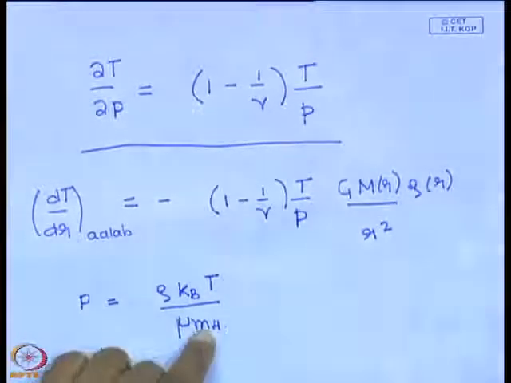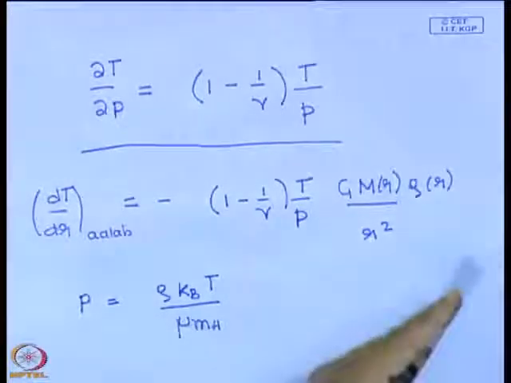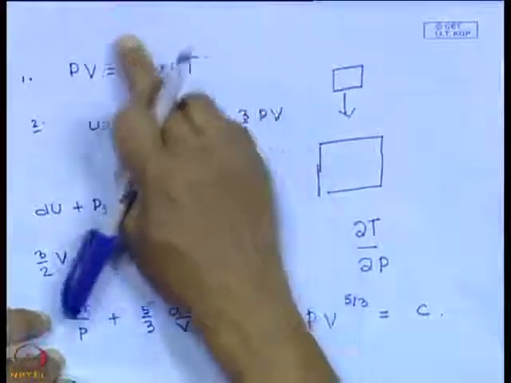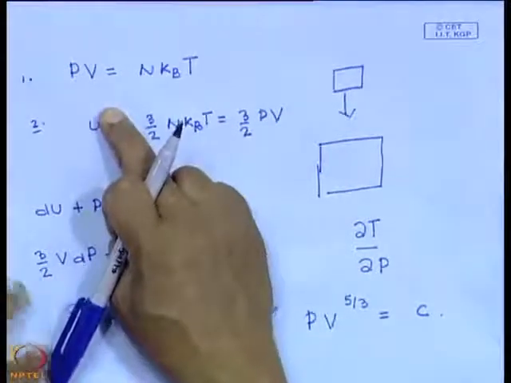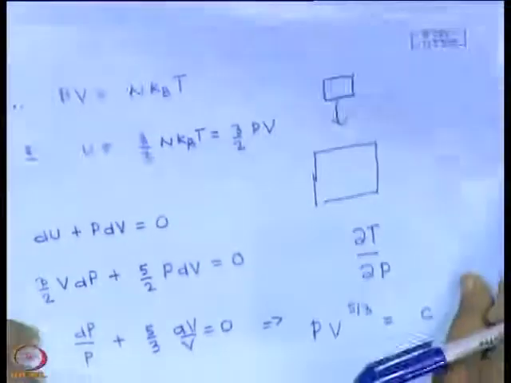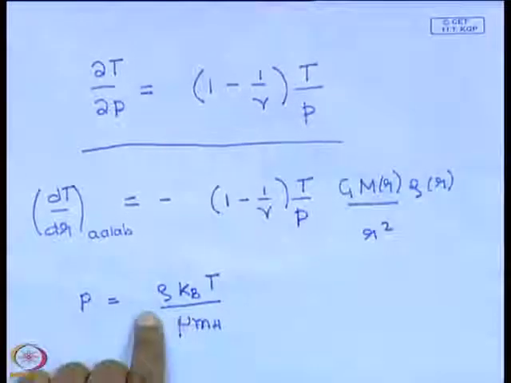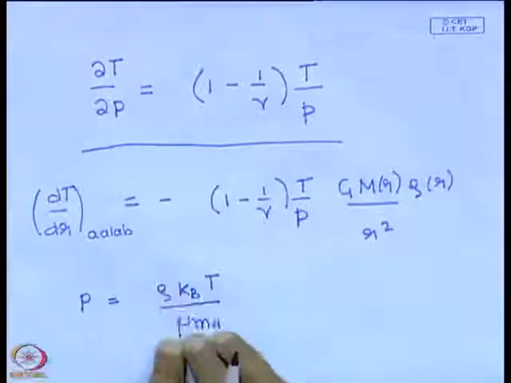This is essentially the same thing as PV is equal to N kB T, written in a slightly different way in terms of the mass density.